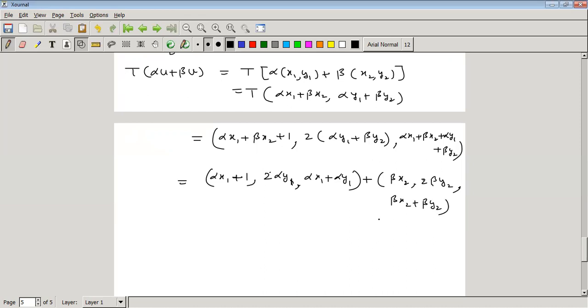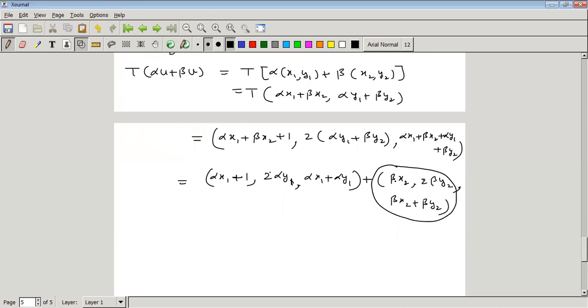So in this way we can separate this, but what we get, we cannot take alpha to be common from this, right? If we take this one with alpha x1, then there is no constant one added with beta x2, right?